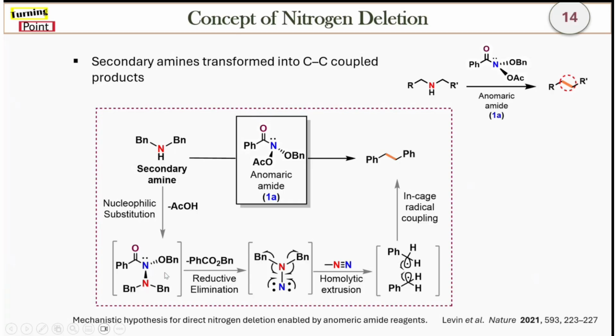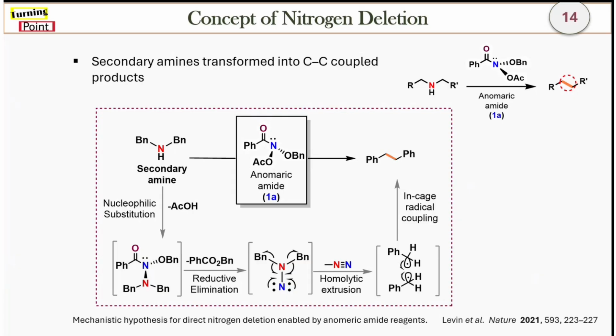Since this intermediate is not stable, because it forms a nitrogen-nitrogen single bond, it immediately goes into reductive elimination and gives this isodiazene type of intermediate, which is still unstable. So after releasing N2, it forms a diradical species. Both radicals are in close proximity, so it goes into in-cage radical coupling and gives this CC coupled product.